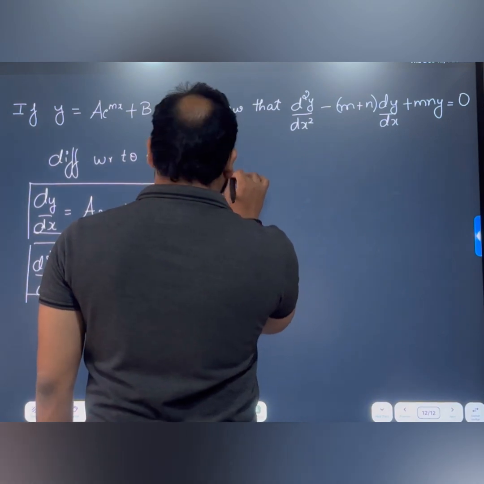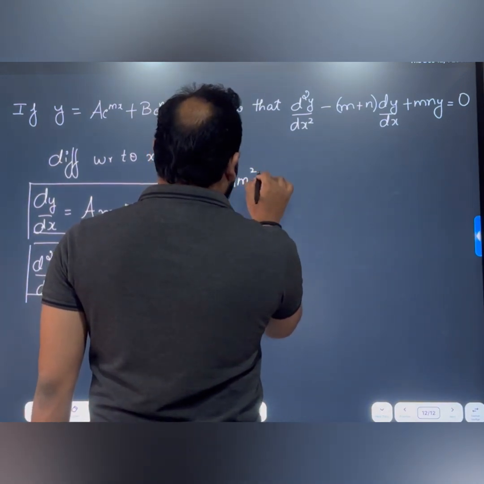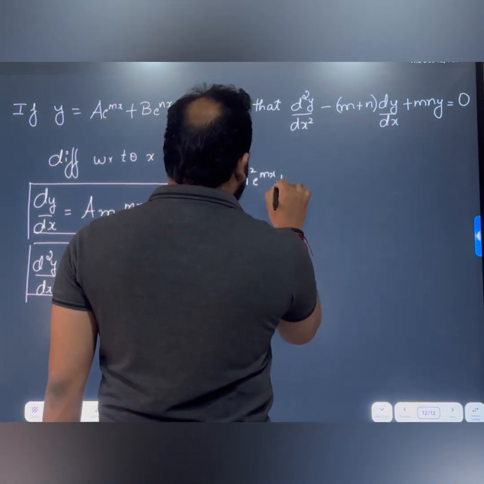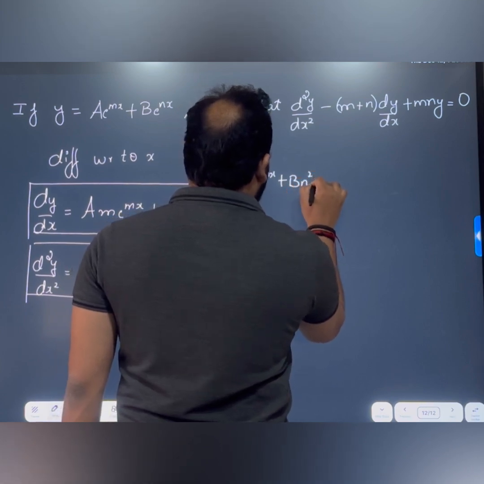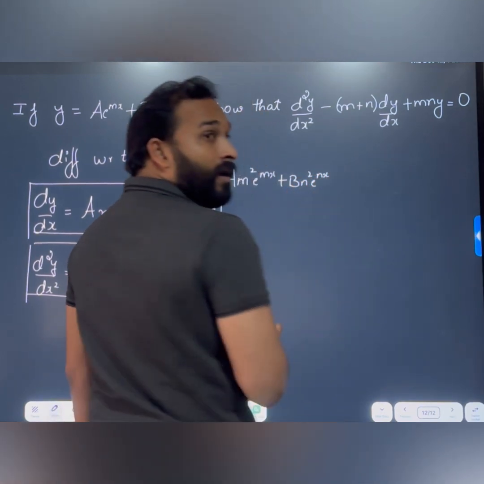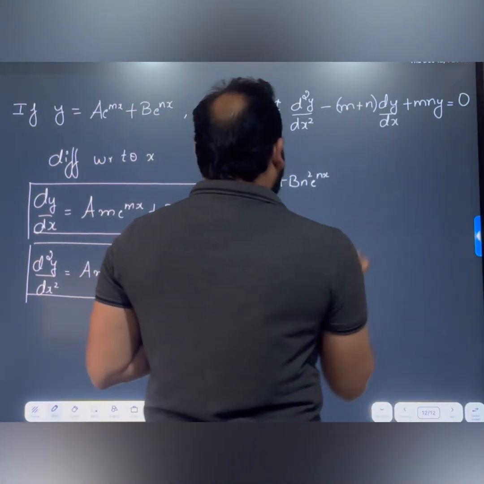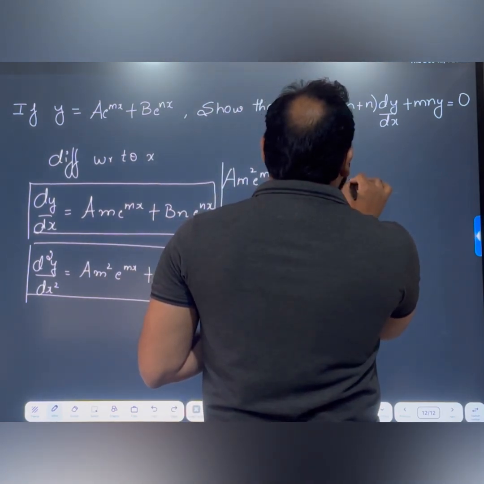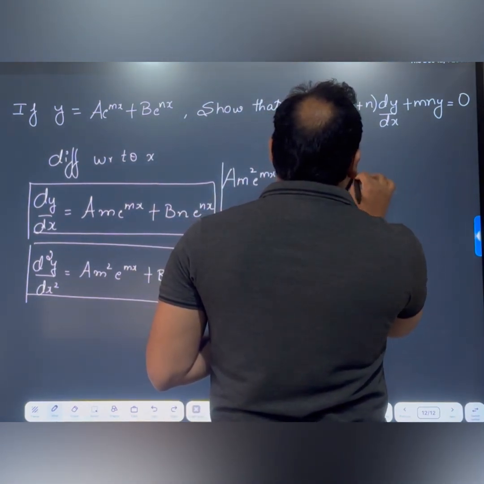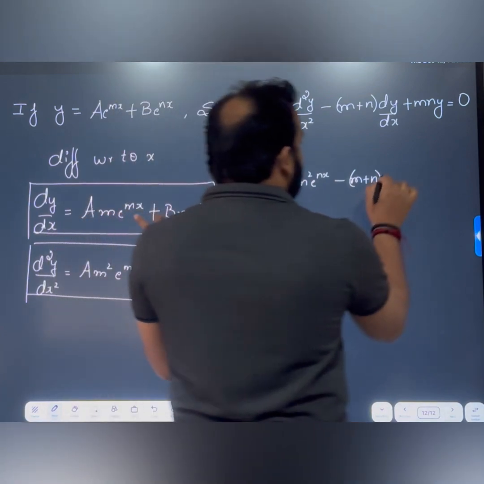So I will write a into m square e power mx plus b into n square e power nx, and now what you get? Minus m plus n should be multiplied for your dy by dx. Your dy by dx is this now, correct?